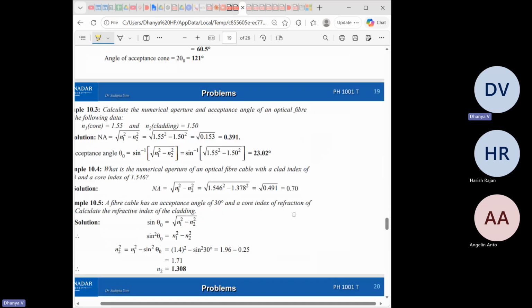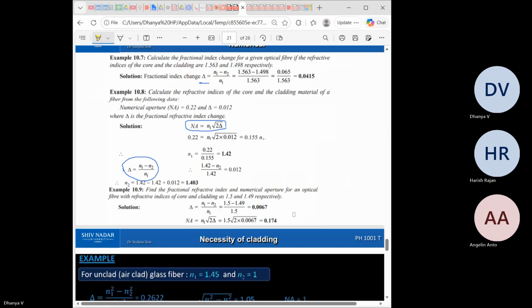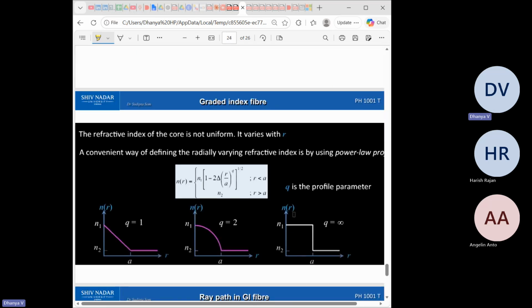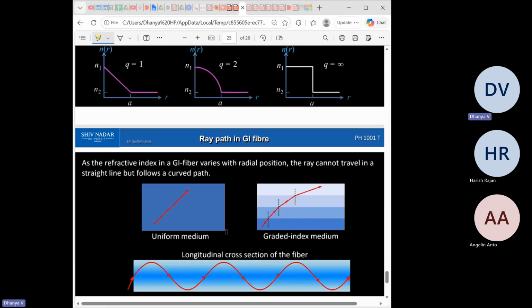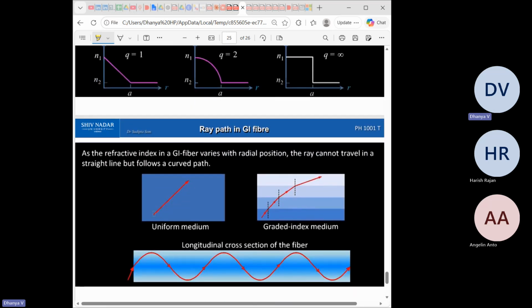Okay, so similarly over here, how can we make it more efficient is the question. In a uniform medium, it just goes like this, right? So what should you do? You have to try and increase the number of reflections inside the medium. For that to happen, you can actually have a graded index. Earlier we just saw N1 and N2, two different refractive indices.